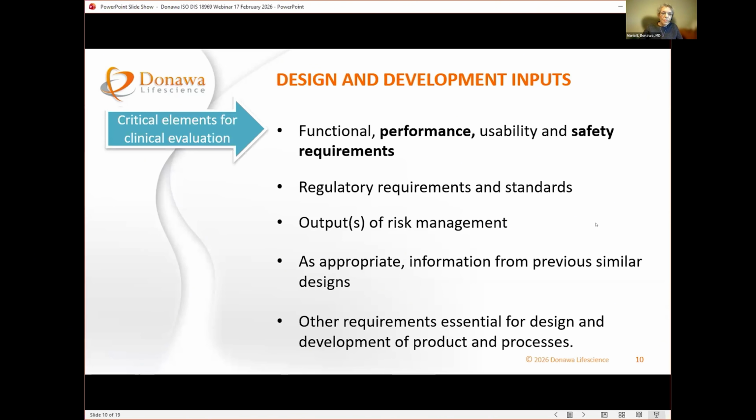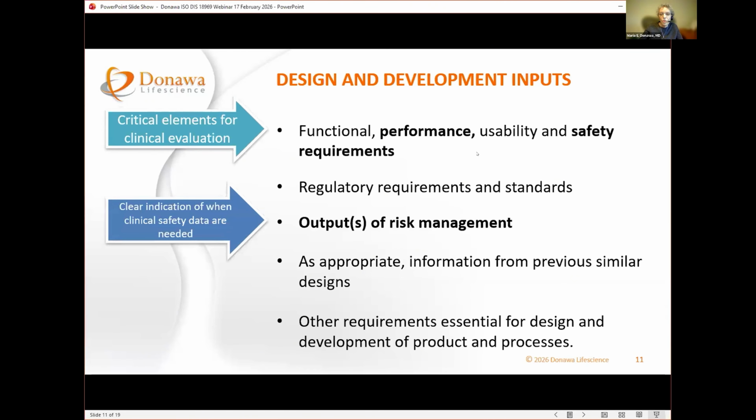Now, this is a critical element for clinical evaluation. I've highlighted performance and safety requirements. Of course, many clinical evaluation reports include usability, but for the purposes of this discussion, I'm just highlighting those two, performance and safety. And again, the outputs of risk management.